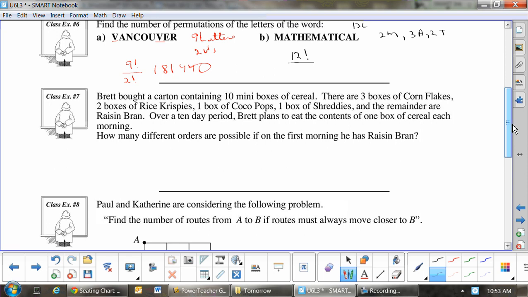So then we just divide by 2 factorial, 3 factorial, 2 factorial. Does everyone see where I get the 2, 3, and 2 from? It came from here. So that's what I'm trying to say. This is easy. Can you make sure you collect them correctly?